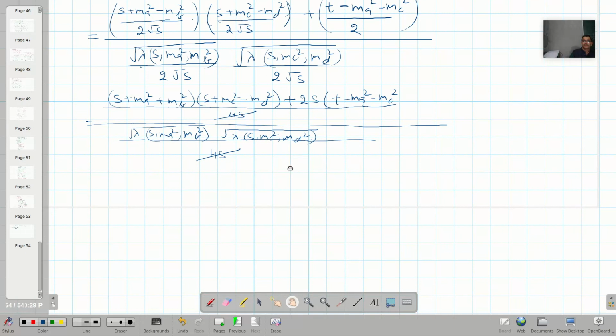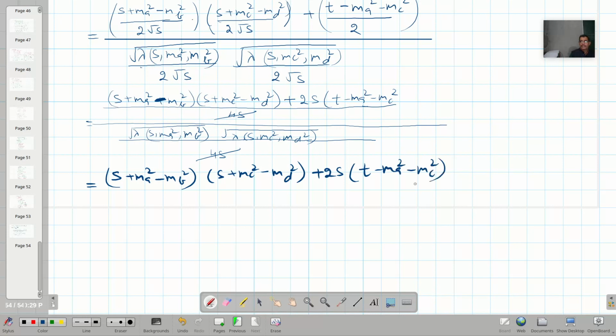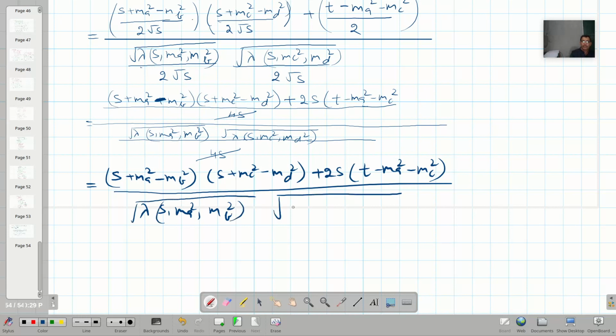and this will be equal to (s minus ma square minus mb square)... sorry, it is s plus ma square minus mb square, times (s plus mc square minus md square), plus 2s t minus ma square minus mc square, whole upon lambda (s, ma square, mb square) under the root, lambda (s, mc square, md square) under the root.